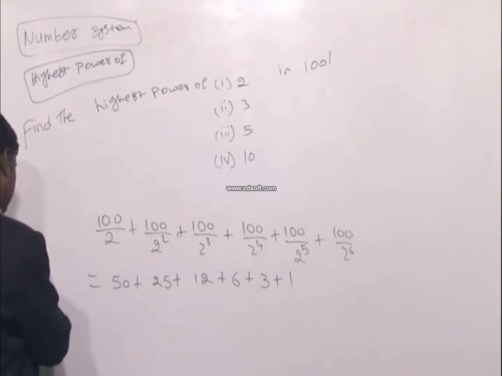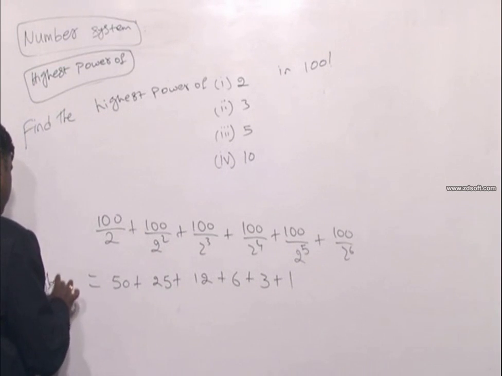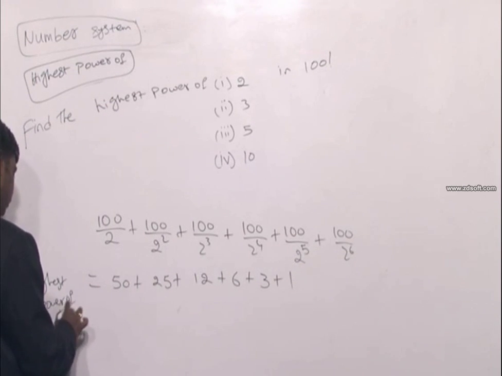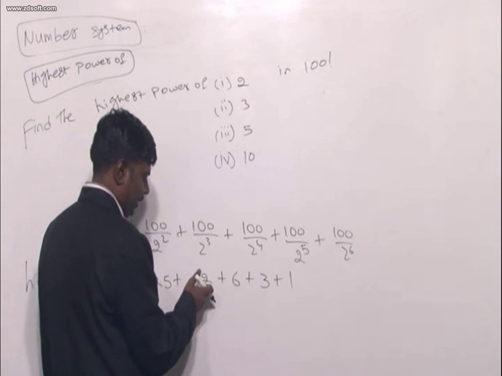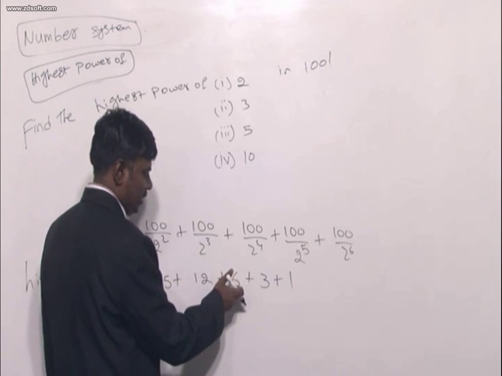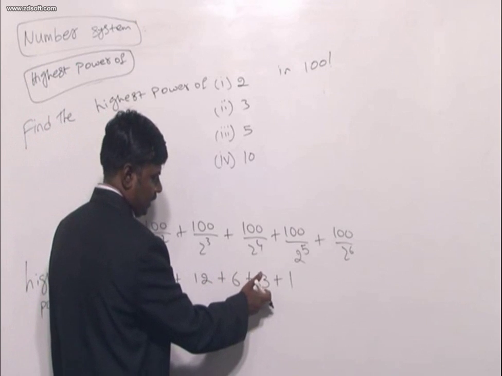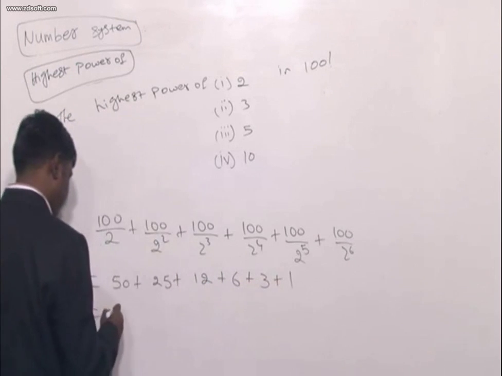So the highest power of 2 is 50 plus 25 plus 12 plus 6 plus 3 plus 1: 75 plus 12, 87, 93, 96, 97.